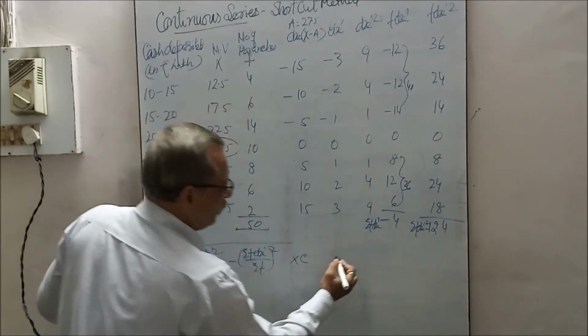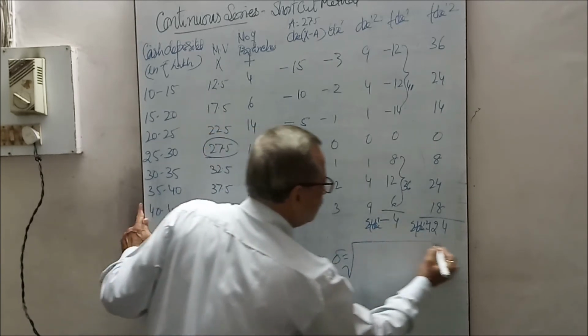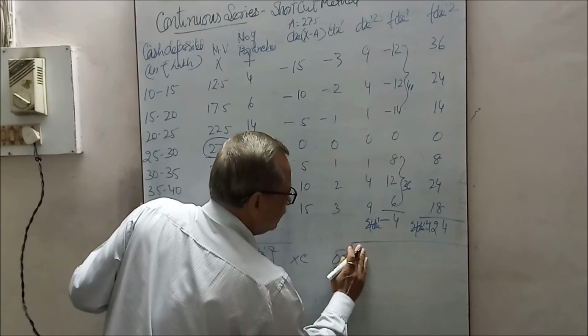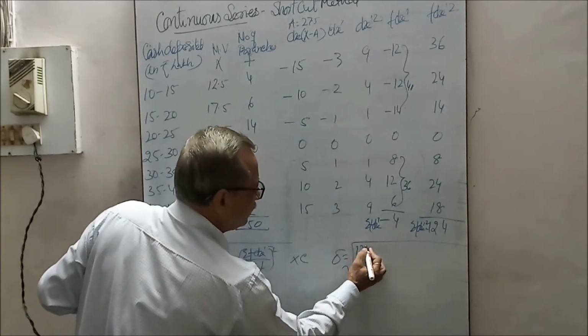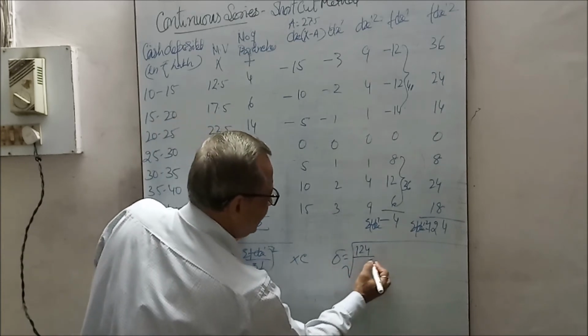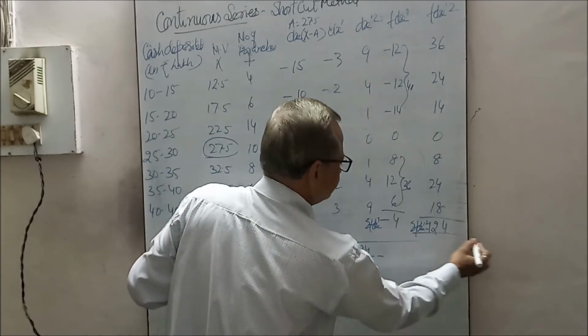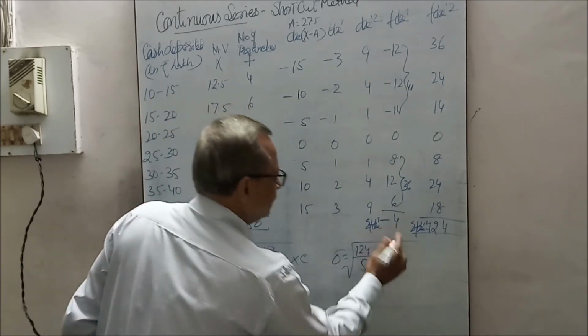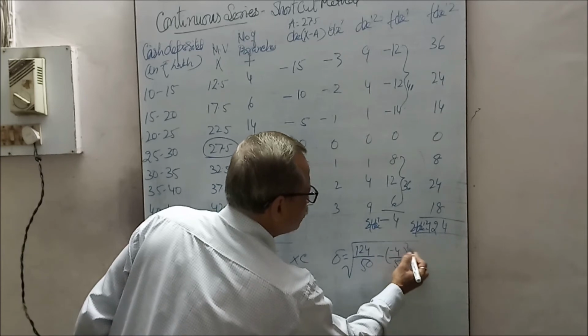Now put in the formula. Standard deviation is equal to root of f dx dash square upon f, that is 124 upon 50, minus 4 upon 50 whole square into c.